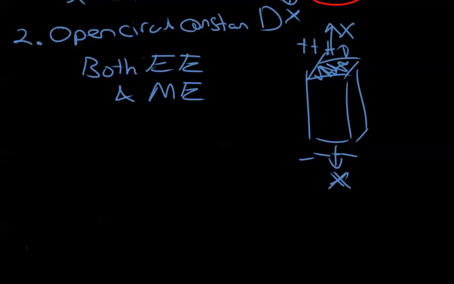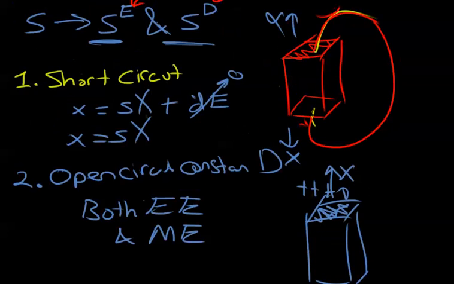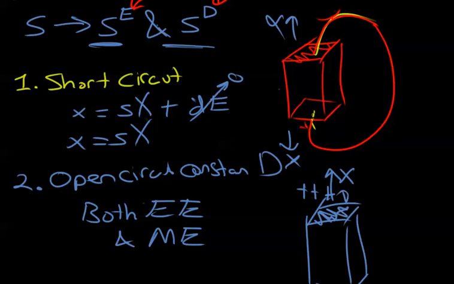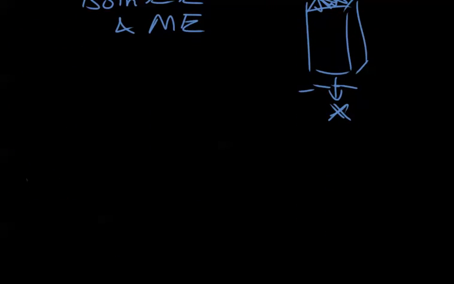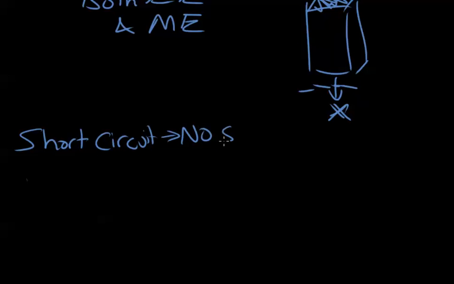Right? So we basically have to store more energy, and we'll explain this now. In the first case of a short circuit, you're not storing electrical energy. So again, short circuit, no stored electrical energy.